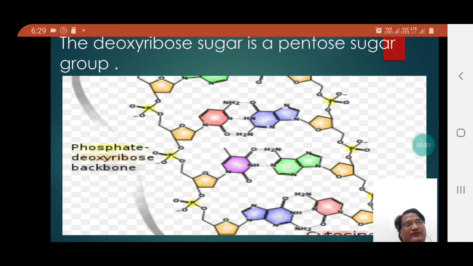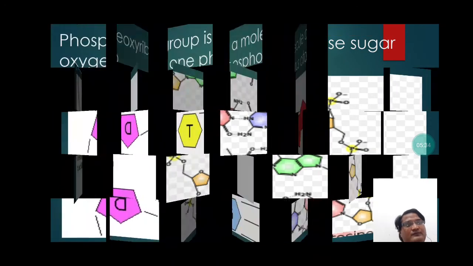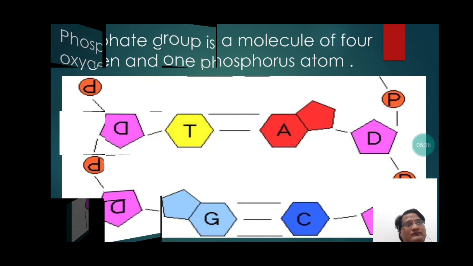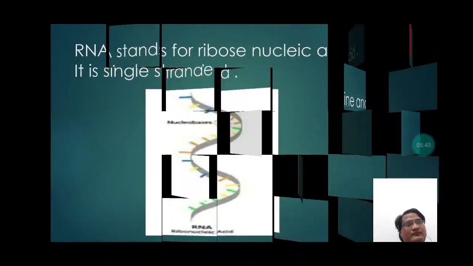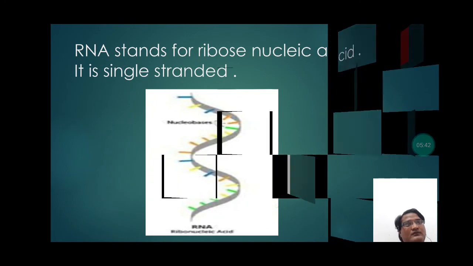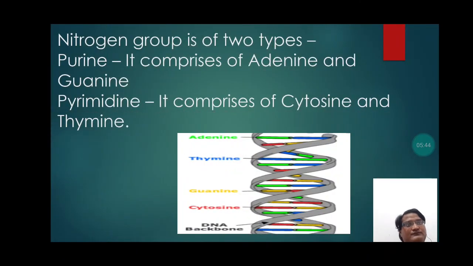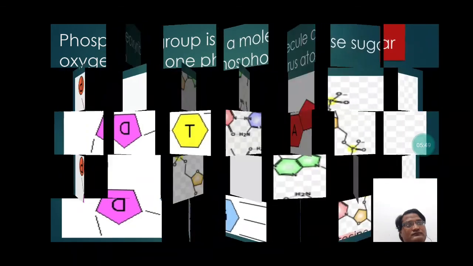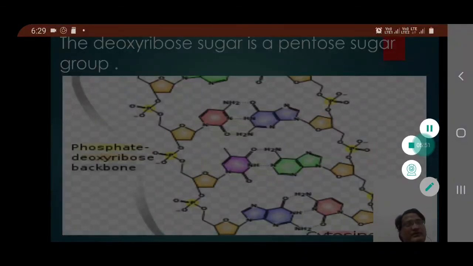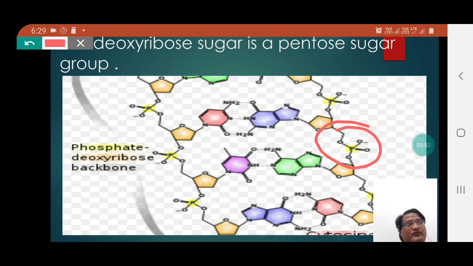Students, here you can also find the phosphate group, which is present in the form of PO4. So students, here you can notice this is the PO4, which is the phosphate group.